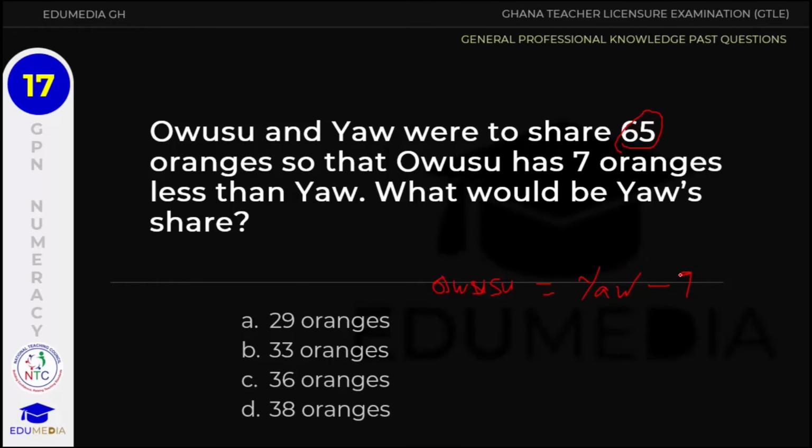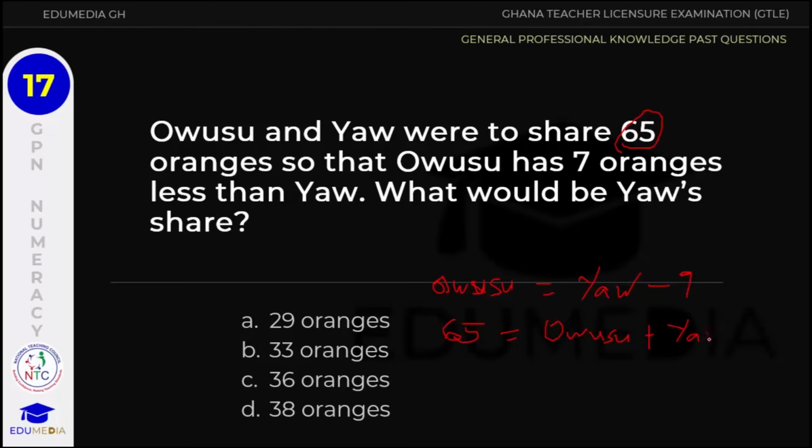So 7 less than what Yao is getting. So this is what Owusu is getting. Now, the total oranges, which is 65, is to be shared among them. So it's going to be Owusu plus Yao.